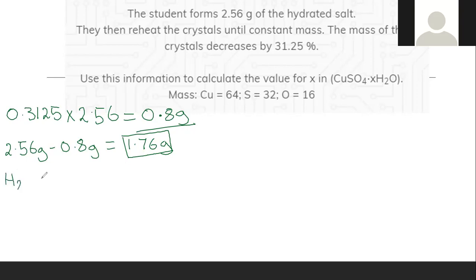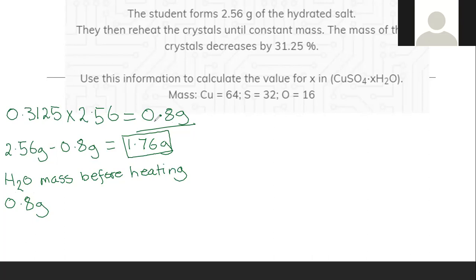So our H2O mass before heating is 0.8 grams. It's 0.8 grams because if our change in mass is 0.8 and all we have done to this reaction is heat it, then the mass that we've lost must have been the water, so the mass of the water before heating is 0.8 grams.